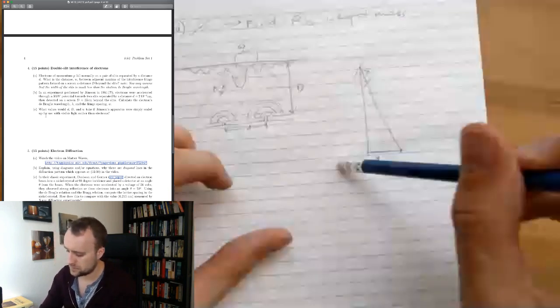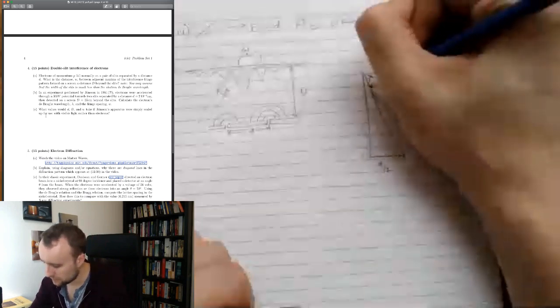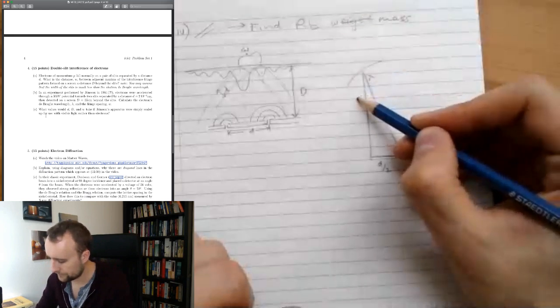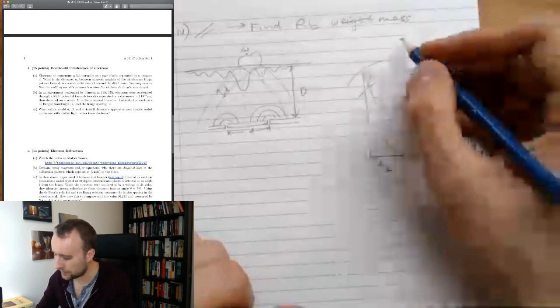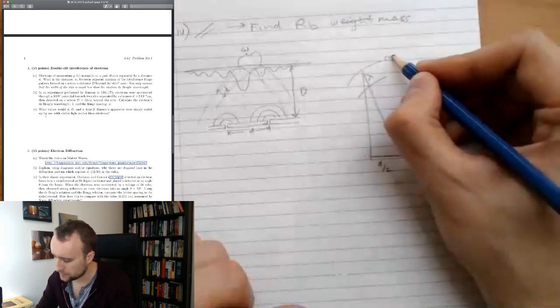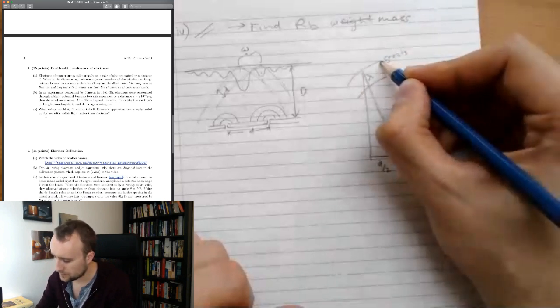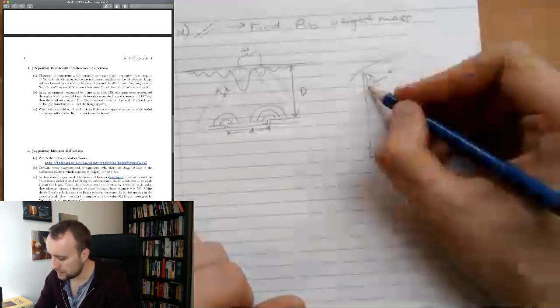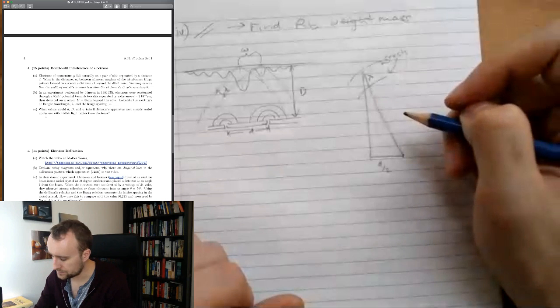So these are spherical waves, we're assuming. The two crests, this is crests. And then this is along that direction.